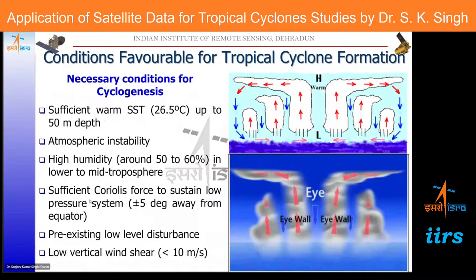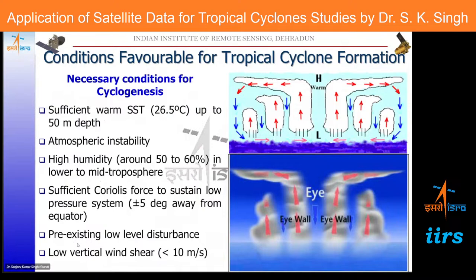And the most important criterion is sufficient Coriolis force. As you know, Coriolis force increases with increasing latitude. At the equator, Coriolis force is 0, and as you go toward the pole, it starts increasing. Due to this, a tropical cyclone cannot form within plus or minus 5 degrees from the equator.